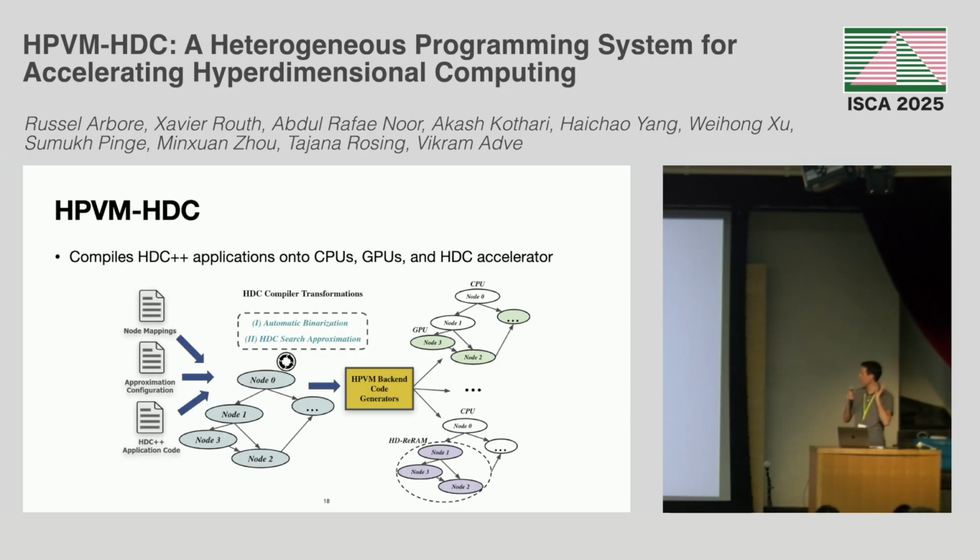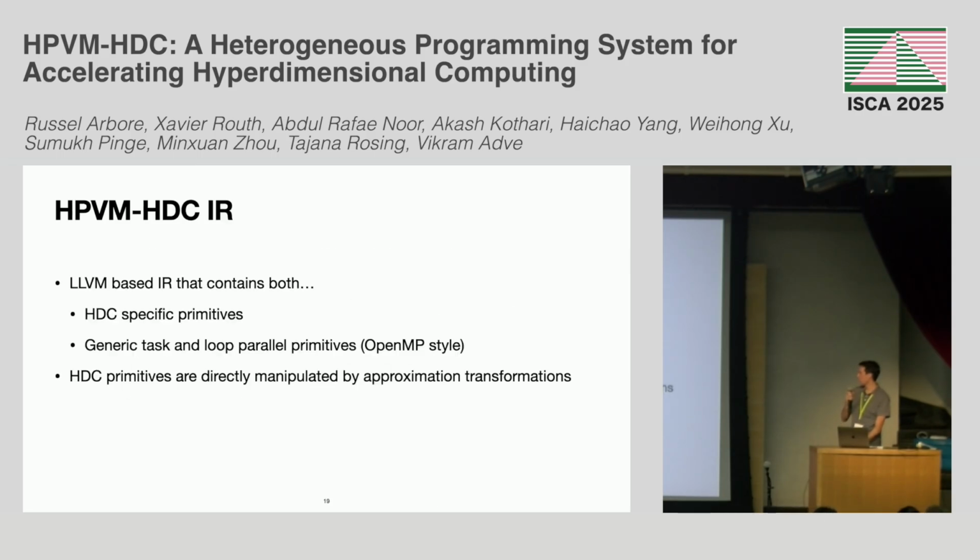Okay, next I'll go over our compiler, which takes in our HDC++ code. It compiles it down into a common intermediate representation. At this IR level, we apply various approximation transformations, and then we pass it through our backend code generators to actually generate target code that we can run. First, we lower our front-end language into an intermediate representation that is based off of LLVM, which is a common compiler infrastructure.